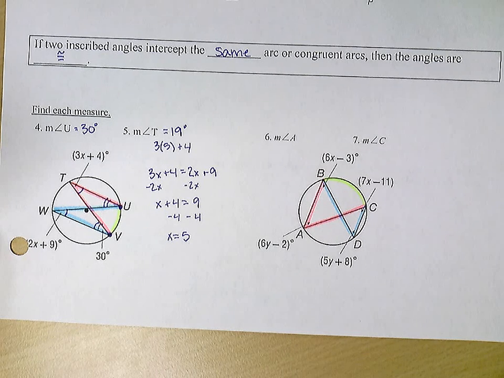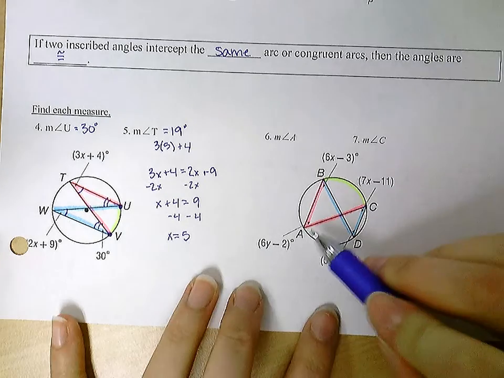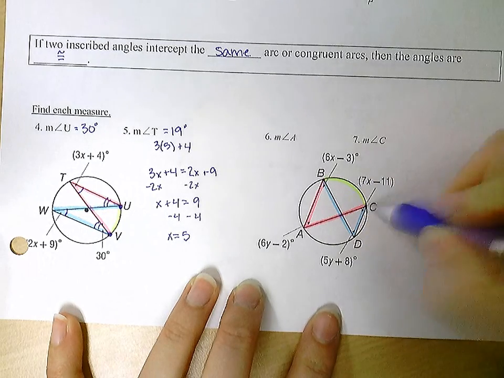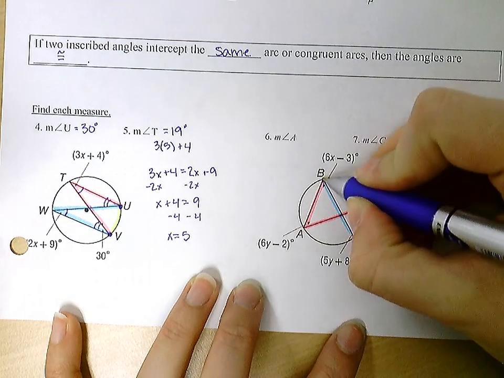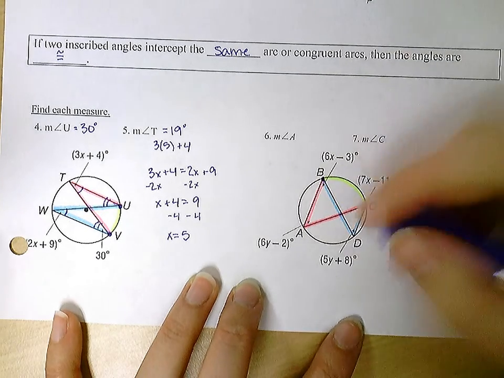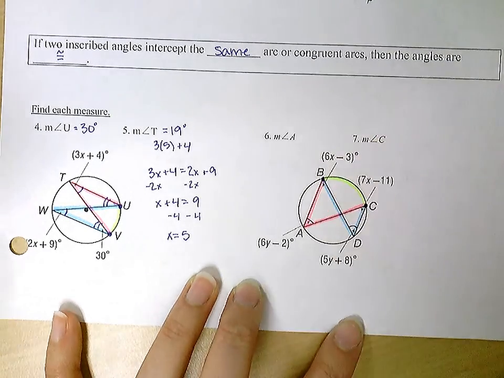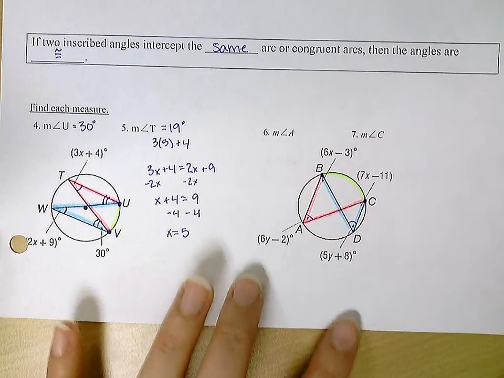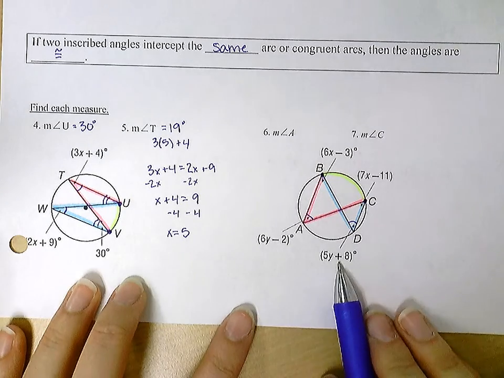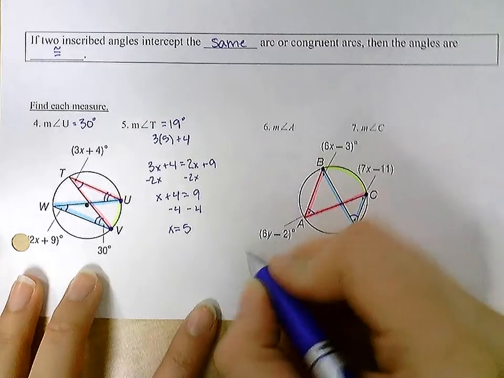All right, so number 6 wants you to find the measure of angle A. So angle A is right here. That intercepts arc BC. Okay, the other angle that intercepts arc BC is angle D. So those two angles have to be congruent to each other. So to solve for A, first I need to solve for y. Since those two angles are congruent, I can set them equal.